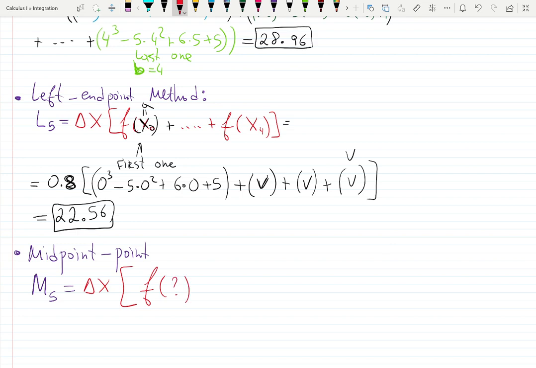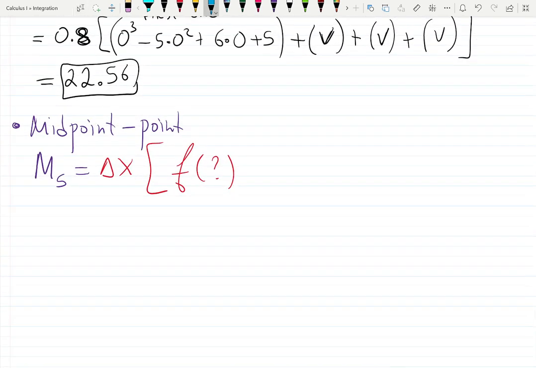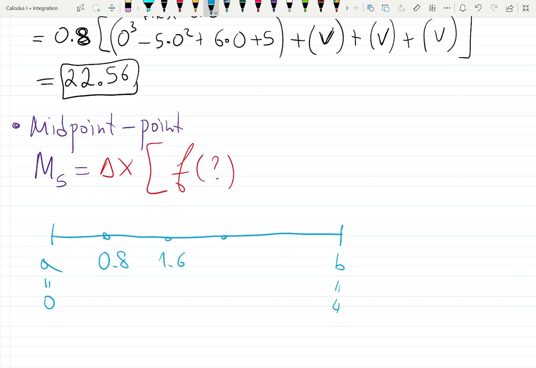What are those points? To find them, I recommend you resketch the interval from A to B, 0 to 4, and you have 0.8, 1.6, 2.4, and 3.2.